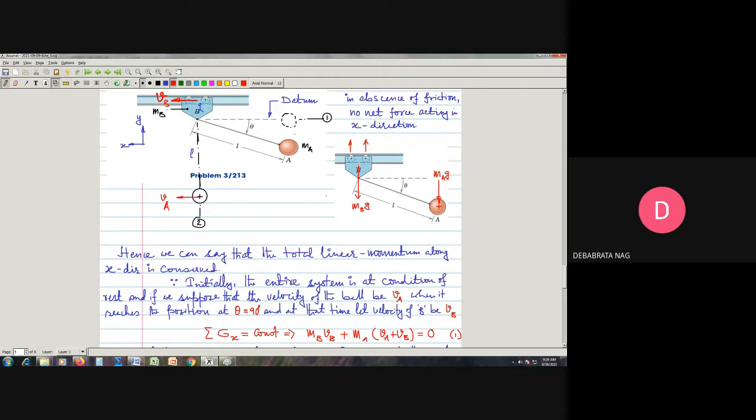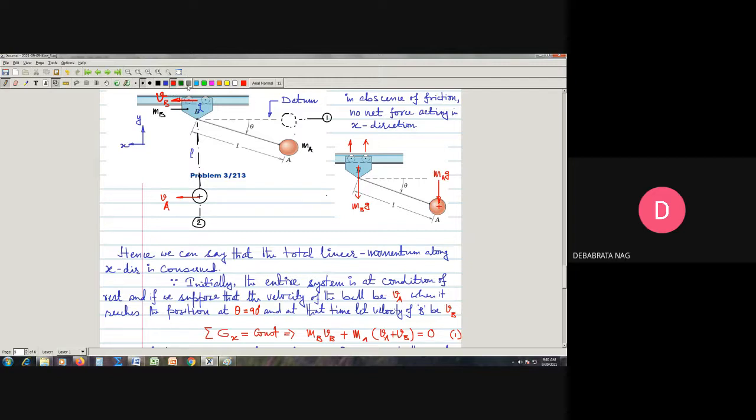Now my objective here is to find out this velocity Vb. In that sense, both these velocities, Va and Vb, are unknown to me. So I have two unknowns, but we have only one equation from the conservation of linear momentum. So we require a second equation, and the second equation is obvious.